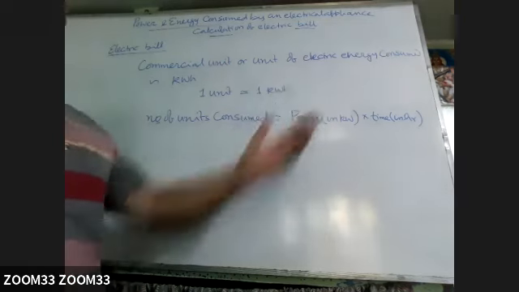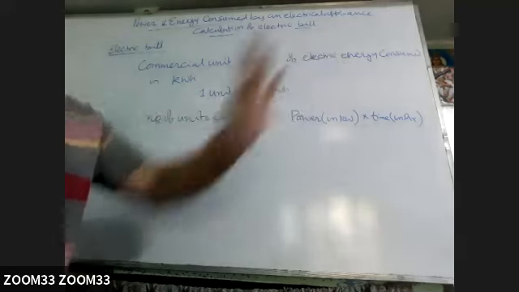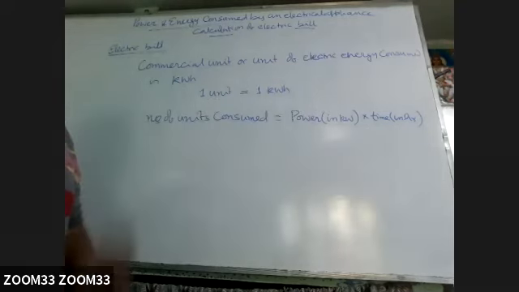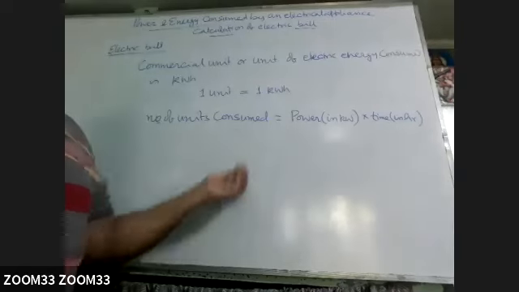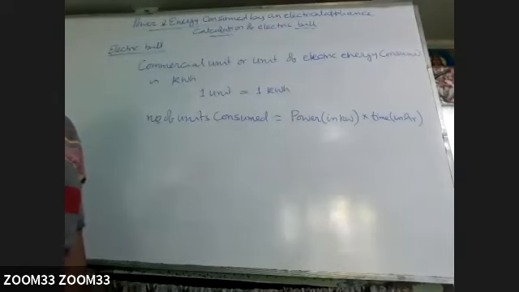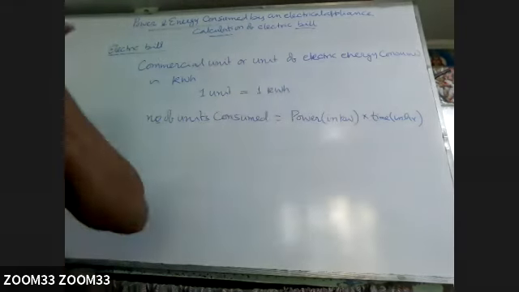Sometimes time will be given as this much hour per day, then into number of days will come. If suppose 5 bulbs are there, all identical, then into number of appliances will also come.